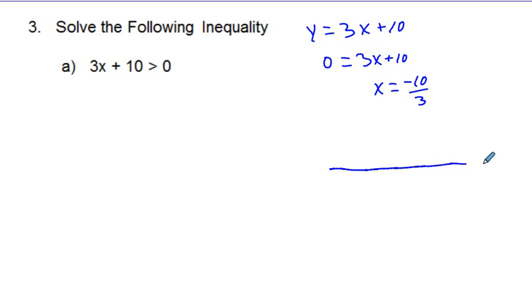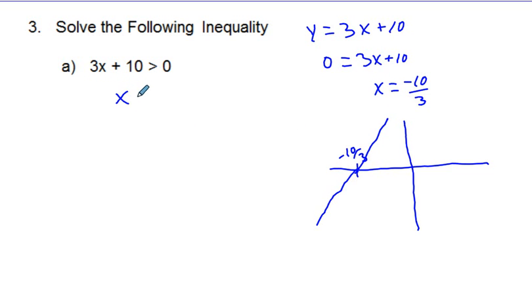And so we could draw this situation with our x-intercept marked at negative 10 thirds, and then we have a positive slope here, so here would be a line that comes right through this x-intercept of negative 10 thirds, and we want to know where this function of 3x plus 10 is greater than 0. Well, the function is going to be greater for any number greater than negative 10 thirds.